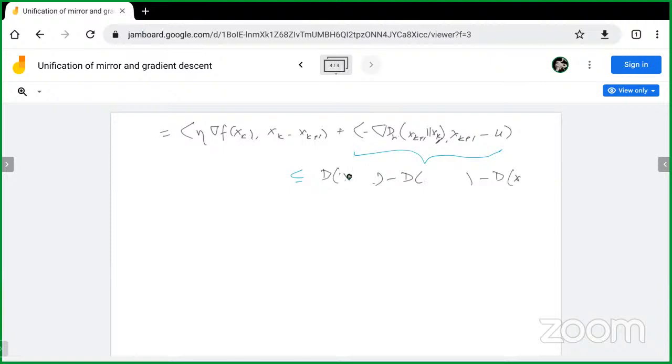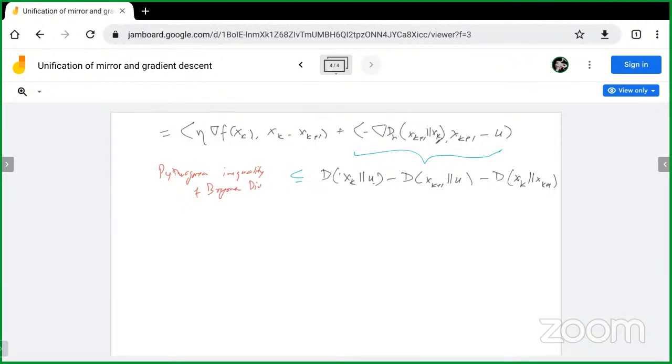Okay, so that's the thing we saw in the first class on Bregman divergence. So that's the Pythagorean inequality for Bregman divergence.